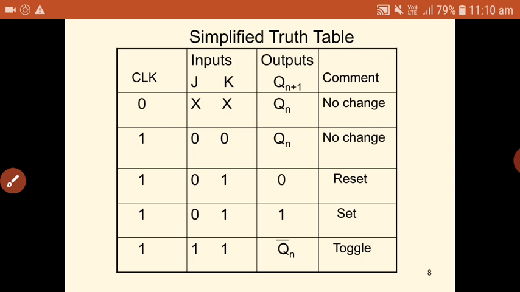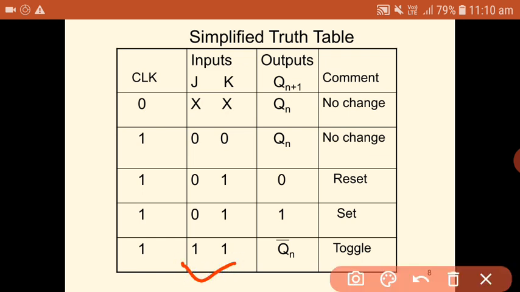Next, for j equal to 1 and k equal to 1, and as long as clock is applied, the present output will be equal to the complement of the previous output. That means Qn plus 1 is equal to Qn bar. So the flip flop is in toggle state.